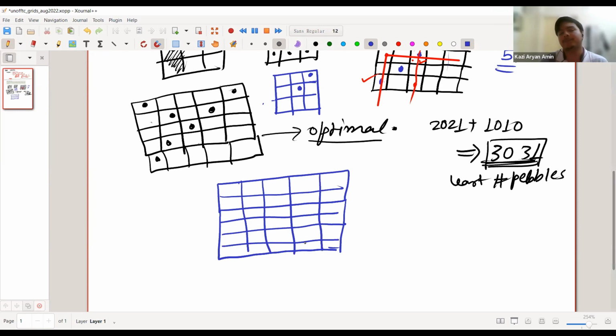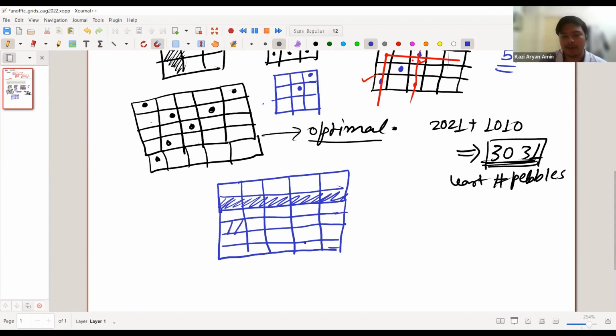I'll just shade one of the rows. Suppose this guy is completely blank. Can we have another blank row, with no pebbles on it? Feel free to unmute yourself and say, because checking the chat is tedious.